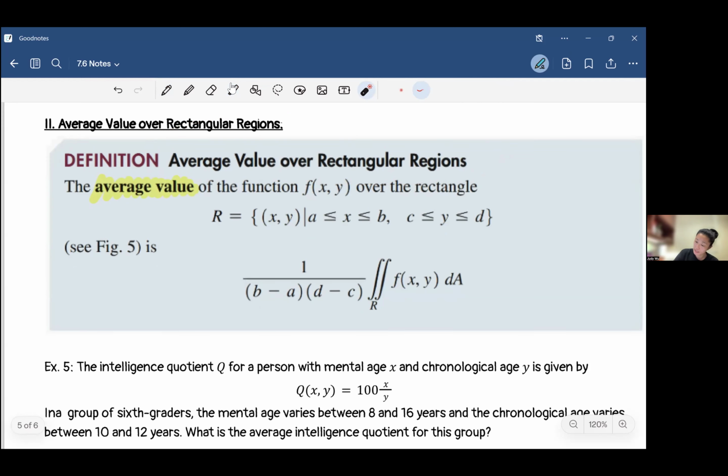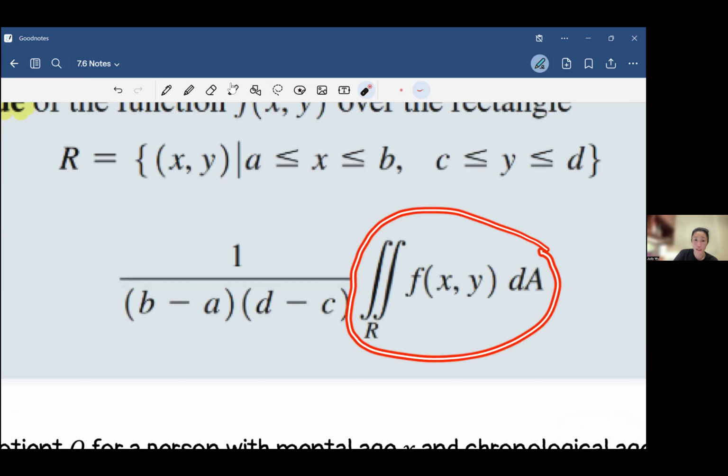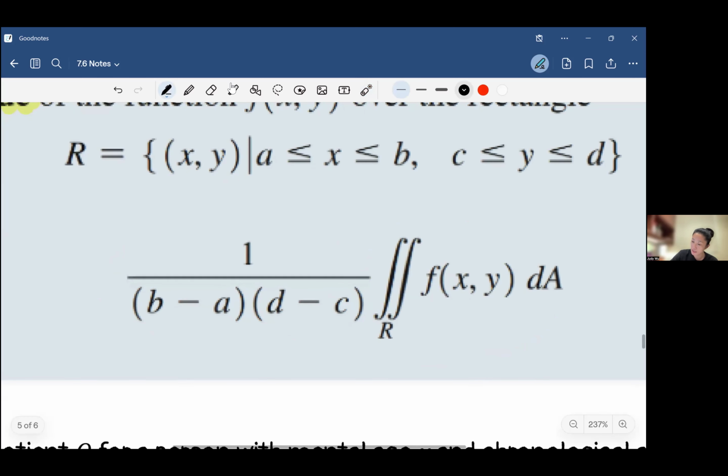In this case, we see something that looks very familiar, that double integral, but then we're dividing by our change in x values and our change in y values. So the b minus a, these are your x values, and this d minus c, those are your y values.